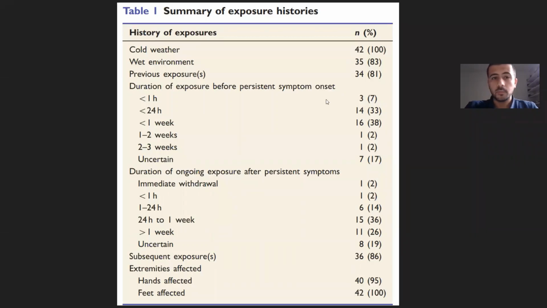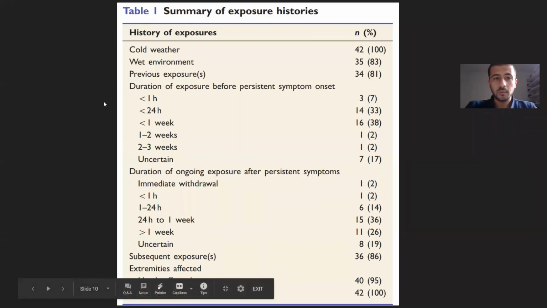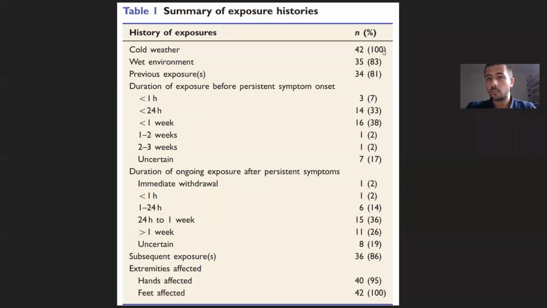Okay, so if you go on, we can see here, for example, for cold water, we have just one line. Why? Because we know that those with no cold water represent 0%. Those who were not exposed to wet environment represent 17%.